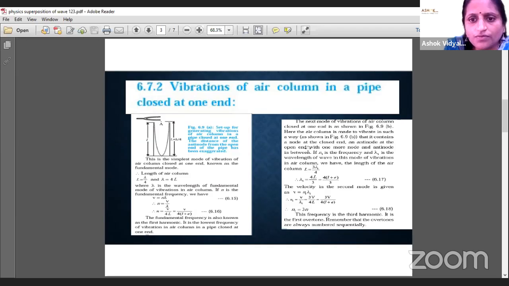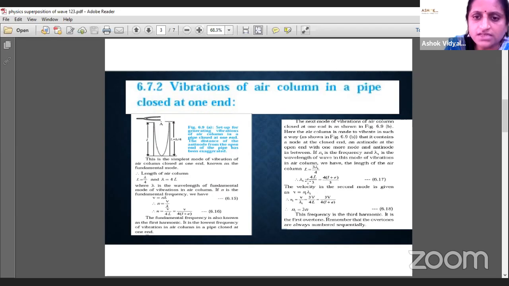It consists of a node at the closed end and an antinode at the open end, with one more node and antinode in between. If N1 is the frequency and lambda 1 is the wavelength of the wave in this mode, we have the length of the air column L equal to 3 lambda 1 upon 4.